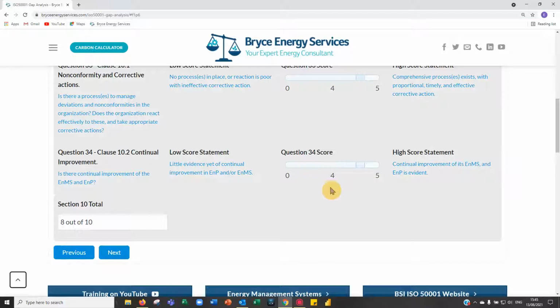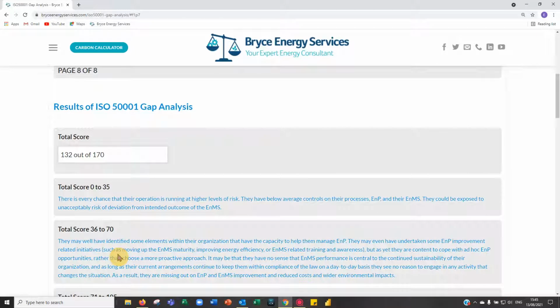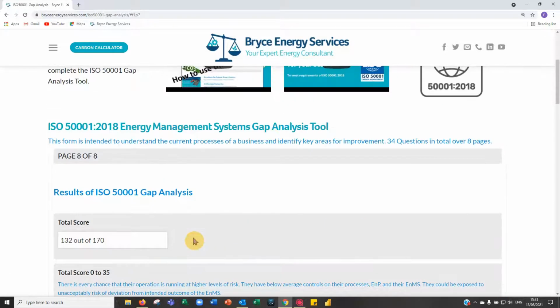And this is about involvement of everybody and all the standard to date. So, page 8 of 8, it is quite a chunk, and it hopefully drives a bit of thinking that you need to do something.